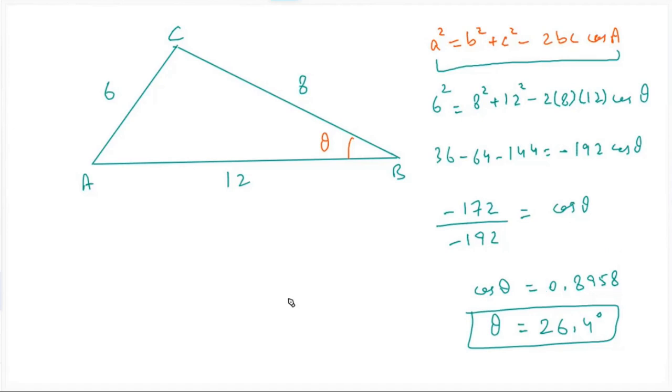नो नो नो स्टीफन, cos is not a number जिससे आप डिवाइड कर सकते हैं। We cannot do that। हम यहाँ पे क्या कर रहे हैं, we are saying if cos theta is equal to 0.8958, that means theta is equal to cos inverse of 0.8958.